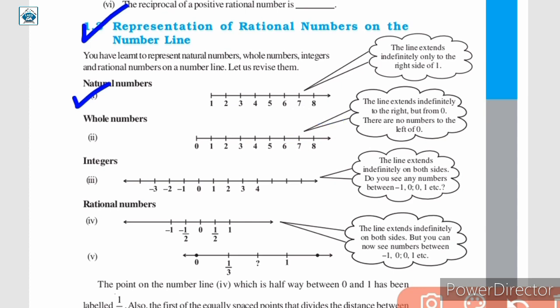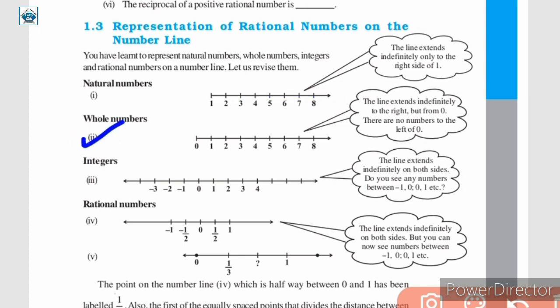We know that 1 is the smallest natural number. Because of this reason, this line cannot be extended towards the left of 1, because there is no natural number smaller than 1. So this line can only be extended towards the right side of 1 indefinitely.